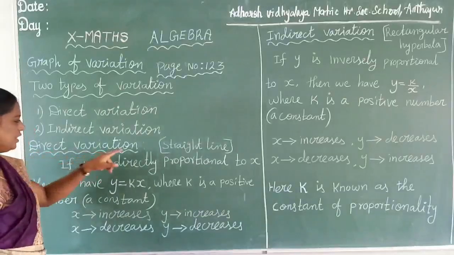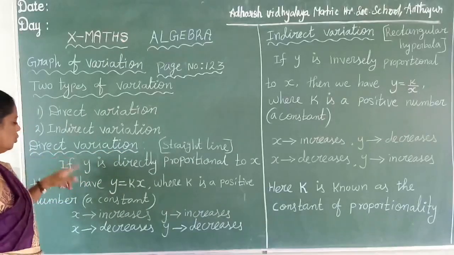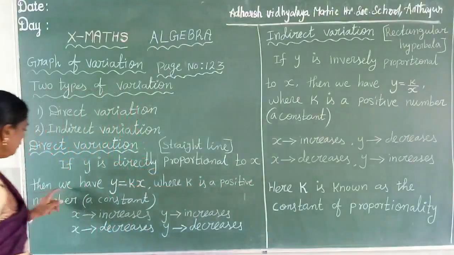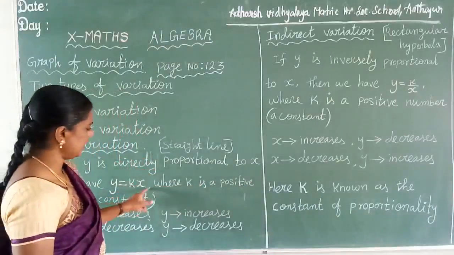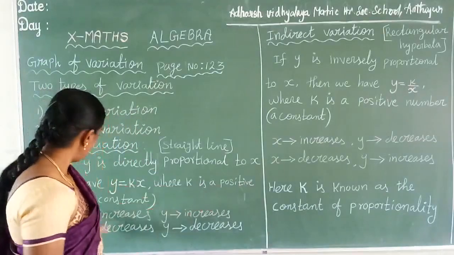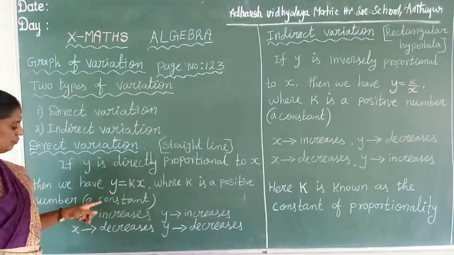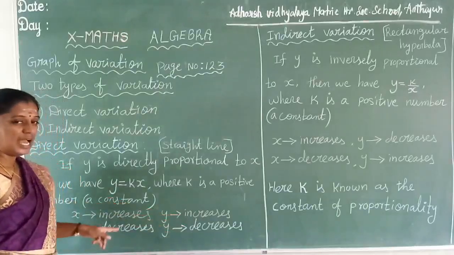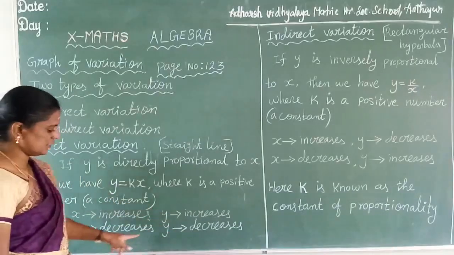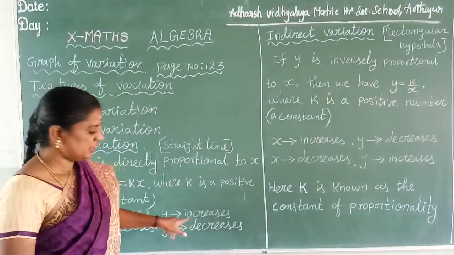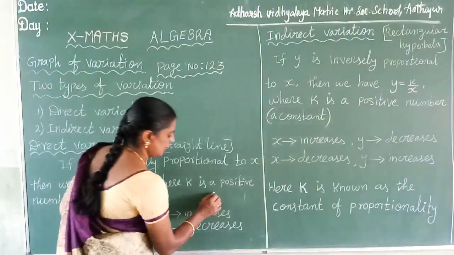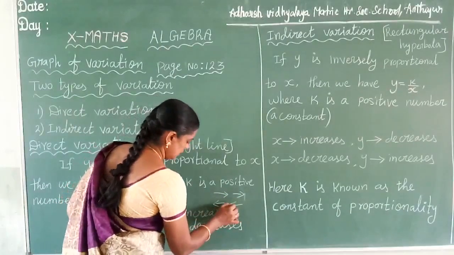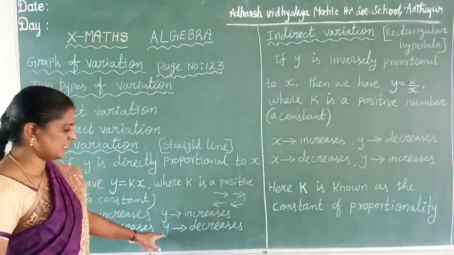So first, direct variation. In direct variation, two objects: if y is directly proportional to x, then we have y equal to kx. Here k is a positive number, that is a constant. So when x increases, y also increases, that is a direct variation. Otherwise, when x decreases, y also decreases, both in the same direction.